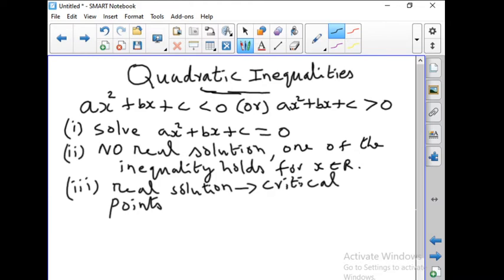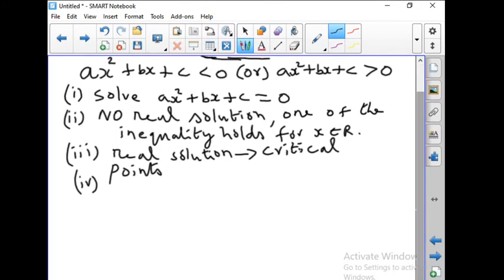And these points, you label on the number line. You know the number line, I have shown you already. So you have to label this on the number line.